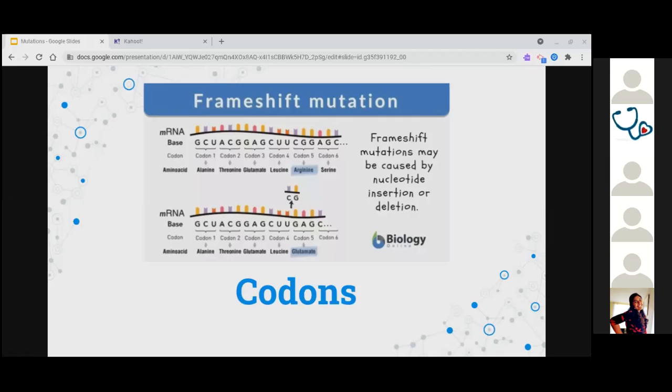These groups are called codons, and in the image above, you can see that each group of 3 nucleotides is labeled codon 1, codon 2, codon 3, etc. In the DNA strand at the bottom, the C and G nucleotides are removed, and this causes the fifth codon to be completely different from the fifth codon in the strand of DNA at the top. So everything after the fifth codon will also be different. Because of the shift in all of these nucleotides, this mutation can be called a frame shift mutation.